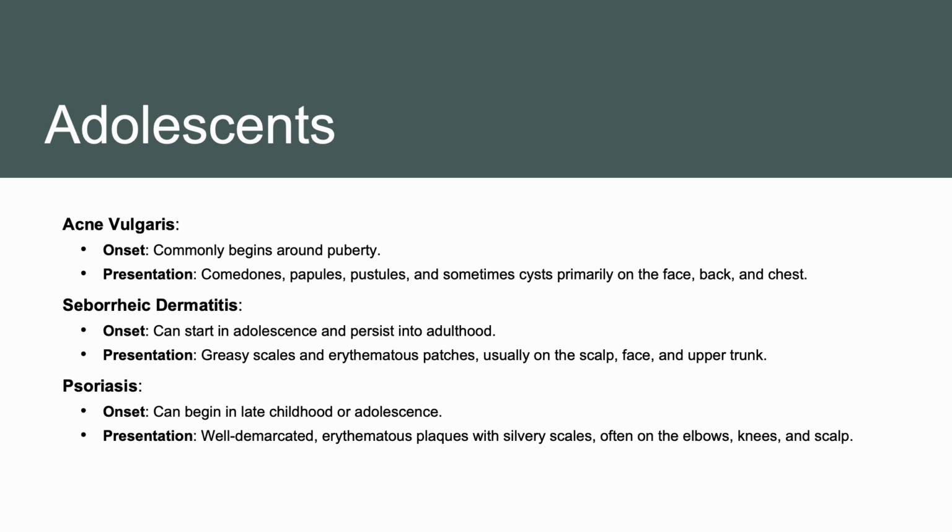Seborrheic dermatitis can start in adolescence, can persist into adulthood, and we talked about the greasy scales with erythematous patches or plaques, usually on the scalp, face, or upper trunk, areas where there's a lot of sebaceous glands. Psoriasis can begin in late childhood or adolescence, and with the well-demarcated erythematous plaques with silvery scales, often elbows, knees, scalp, lower back.